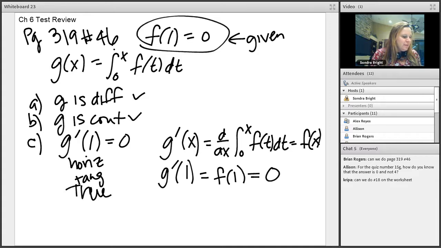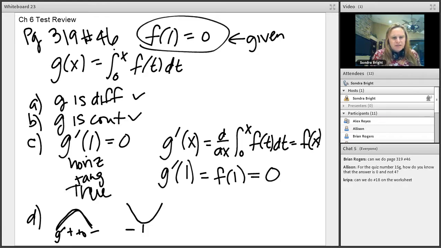G has a local maximum at x equals 1, or part E says g has a local minimum at x equals 1. So if we have a max, then that means your derivative goes from positive to negative at x equals 1, versus if there's a minimum, it's going to go from a negative to a positive.